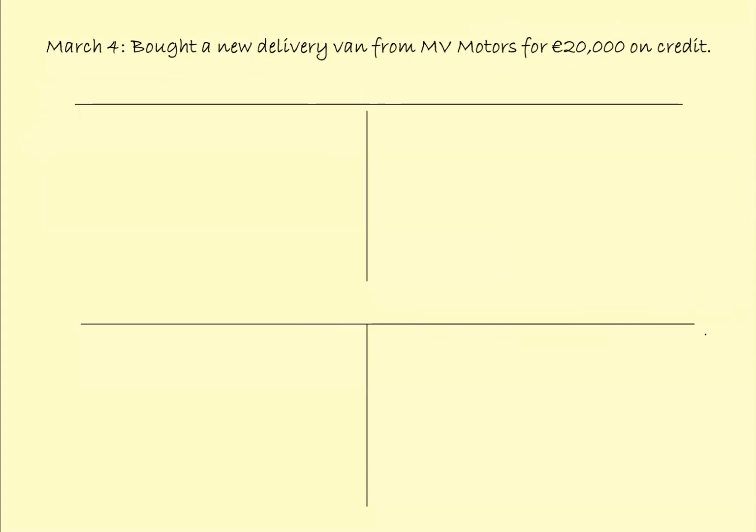March the 4th, bought a new delivery van from MV Motors on credit. Again, it's on credit, so no money changed hands. So what we need is a delivery van account and an MV Motors account. Now, a delivery van is an asset, so we record assets on the debit side.